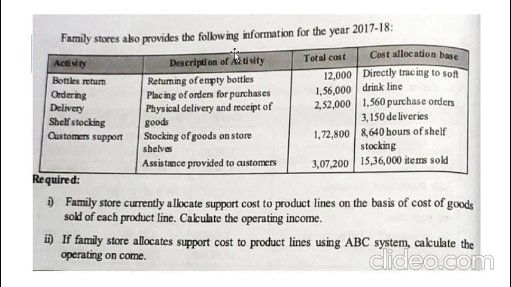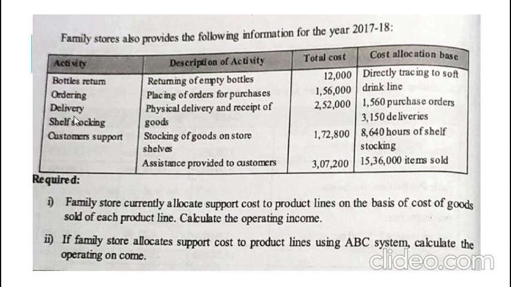Family Stores also provided the following information for the year 2017-18. Activity: bottles return. Description: returning of empty bottles, total cost 12,000, cost allocation basis directly tracing to the soft drink line. Then ordering, placing of orders for purchases, which is 1,56,000, and the purchase orders are 1,560.